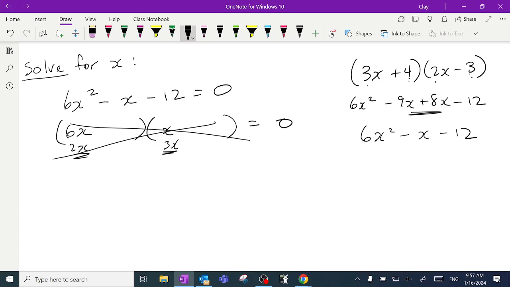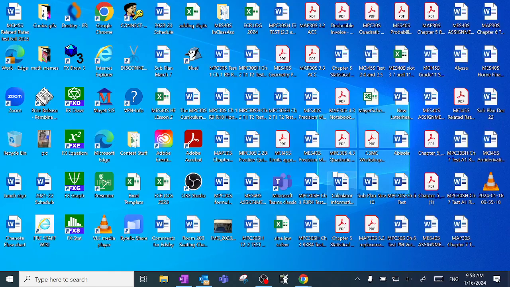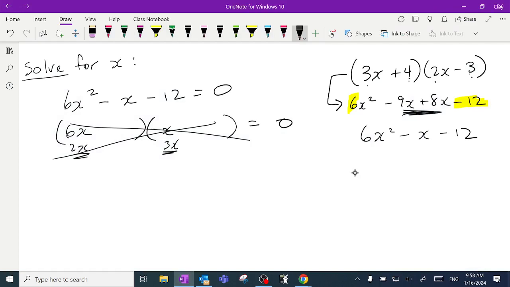Now, how did I know that this should be what I should pick? Well, here's what you actually know. This is something that's always true. If you take a second to look at this line before you add these two up, notice that 6 times negative 12 is negative 72.